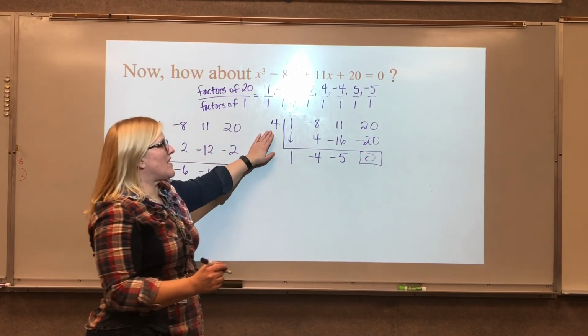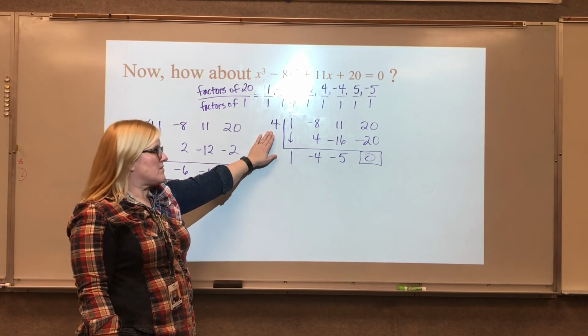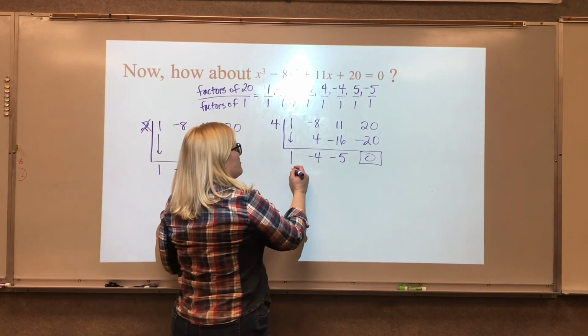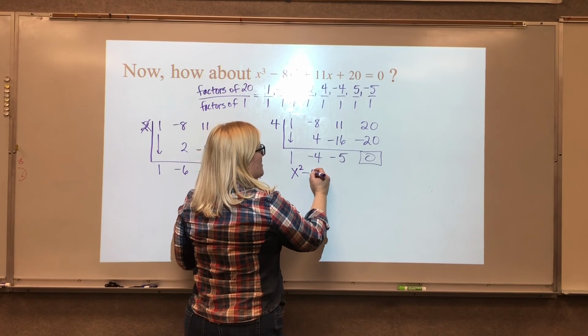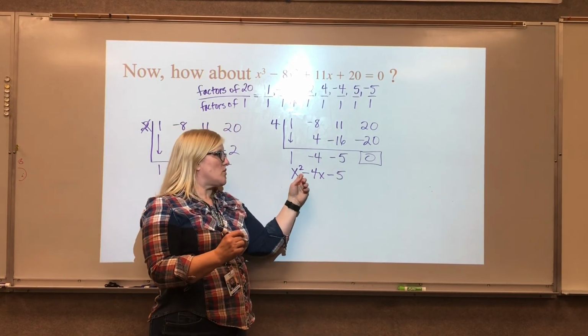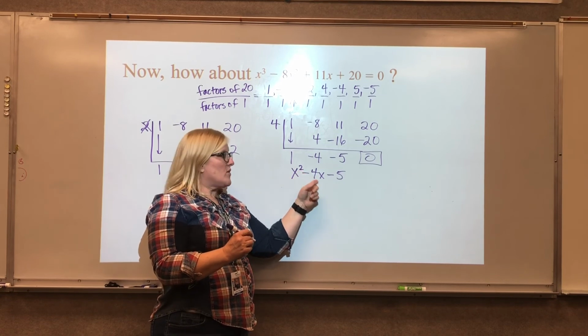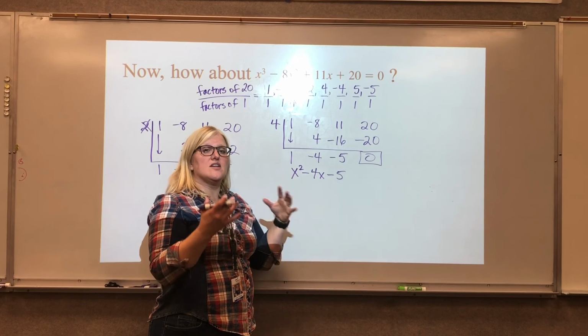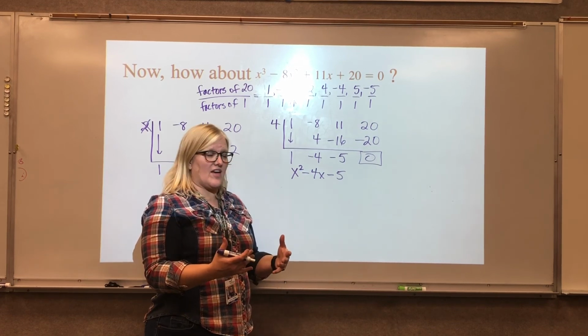So this tells me that 4 is one of my zeros. Now I can factor the rest because I have x squared minus 4x minus 5. Once it gets down to an x squared, we can either factor it or use the quadratic formula to find the other values of x.